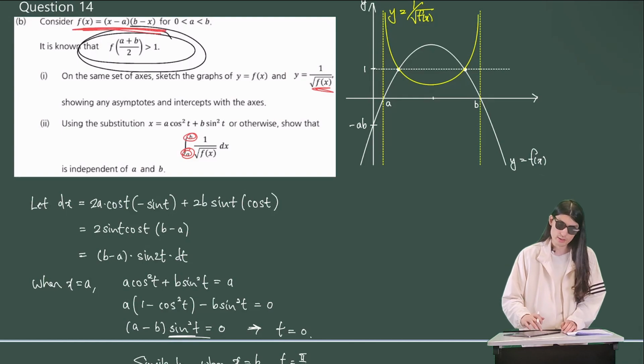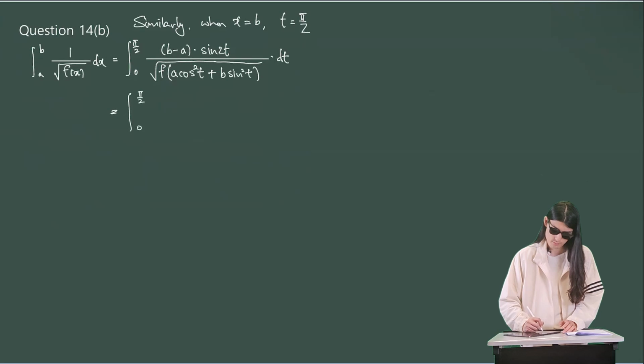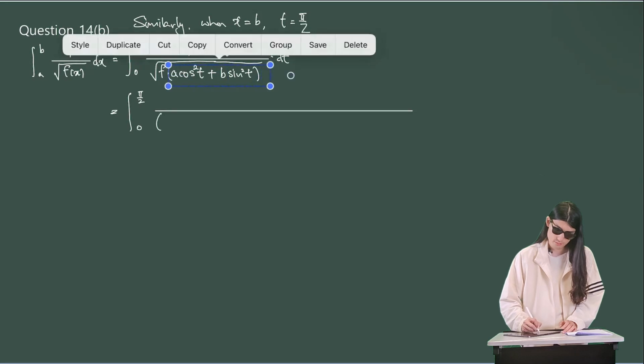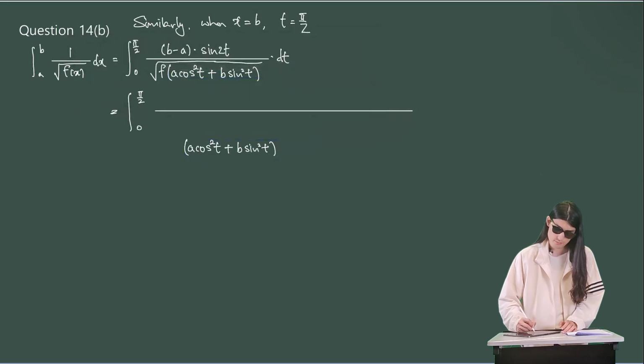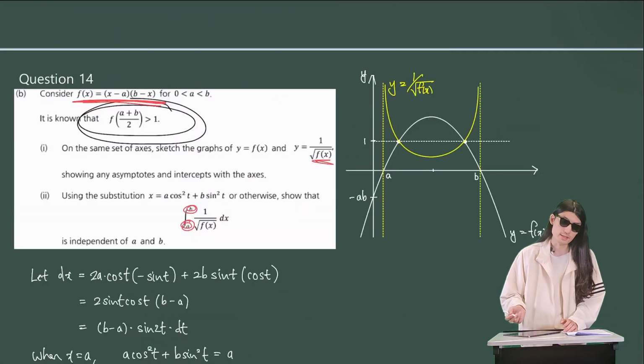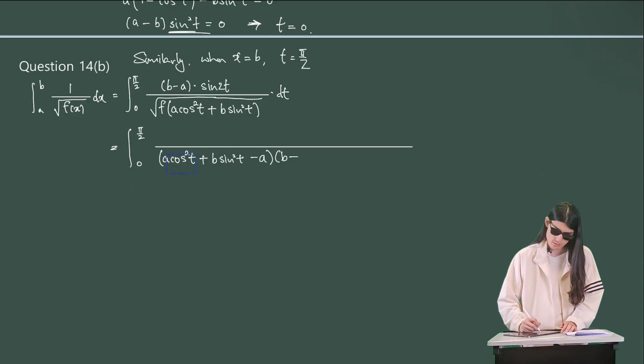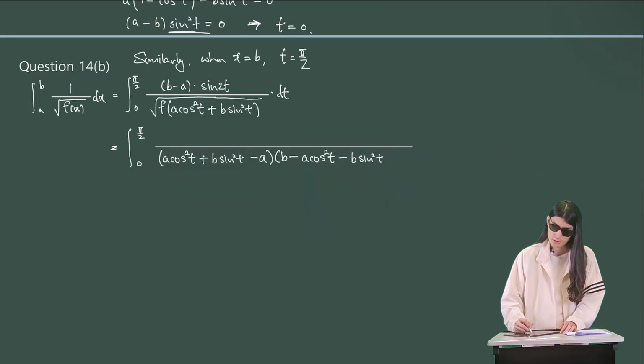Okay, so we can rewrite that denominator as this thing minus a, because our equation of f of x has x minus a, as you can see, x minus a, and then b minus x, so therefore b minus this, but of course that would change the plus to a negative.